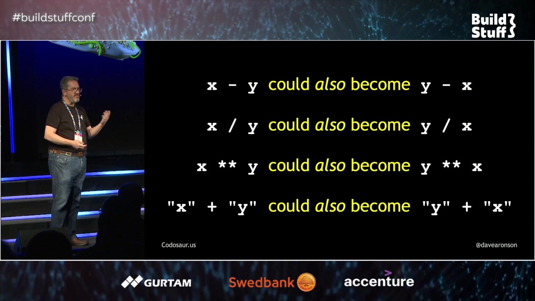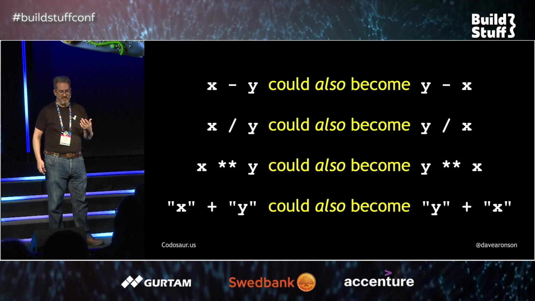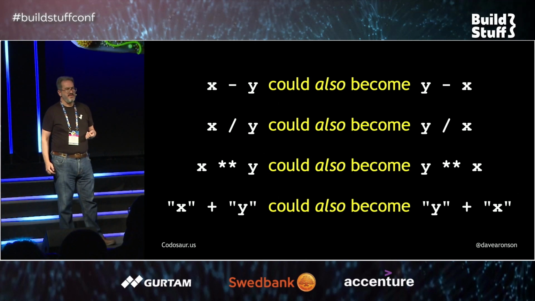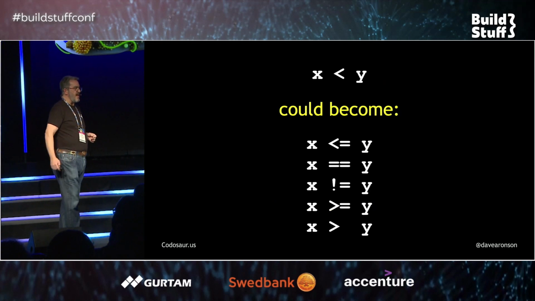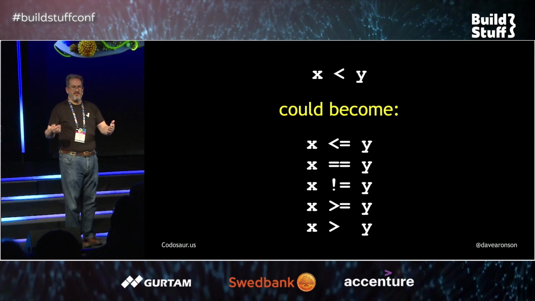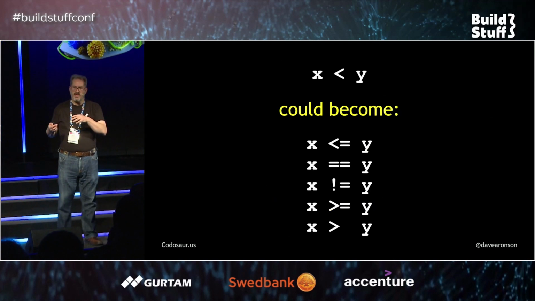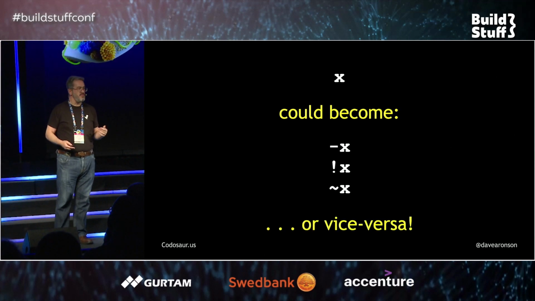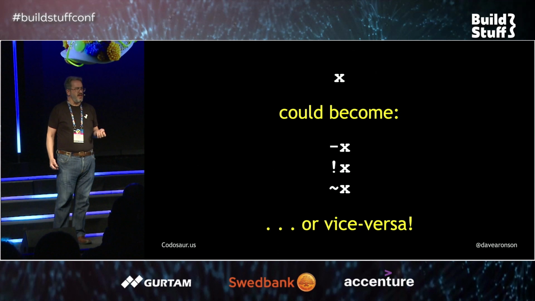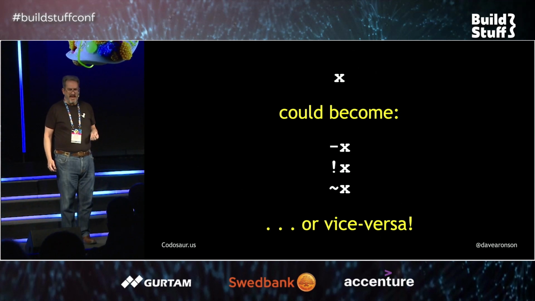When the order of operands matters, it can swap them, like with subtraction, division, exponentiation, and string concatenation. It could change a comparison of order or equality or inequality from one to another. It could insert or remove a mathematical, logical, or bitwise negation.